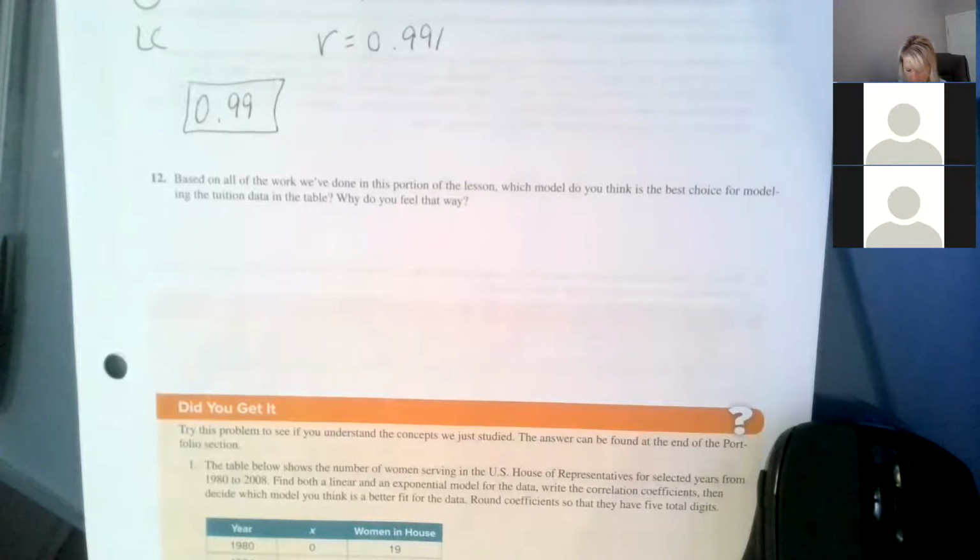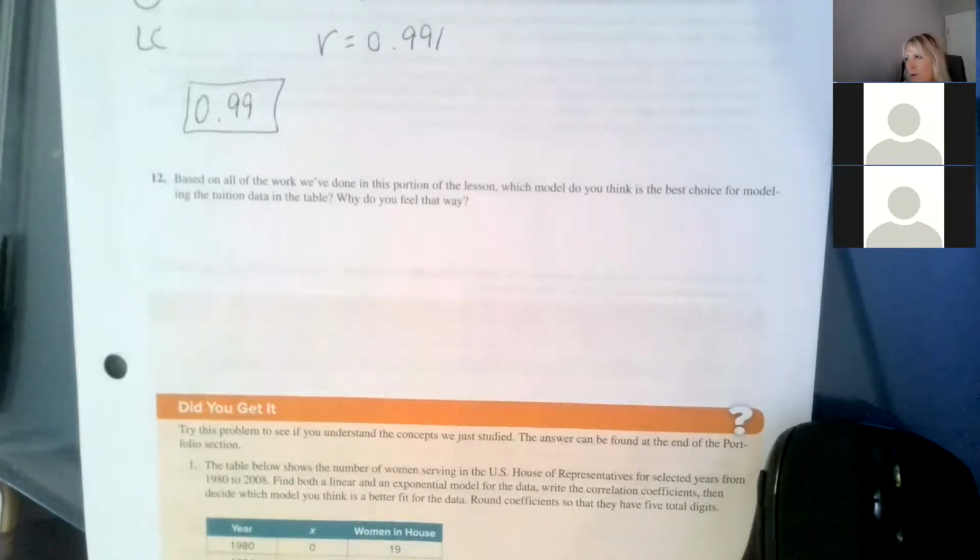The correlation coefficient is just very, very slightly better. But looking into the future as well, the exponential model probably won't fit as well based on what our data is telling us. I would agree.